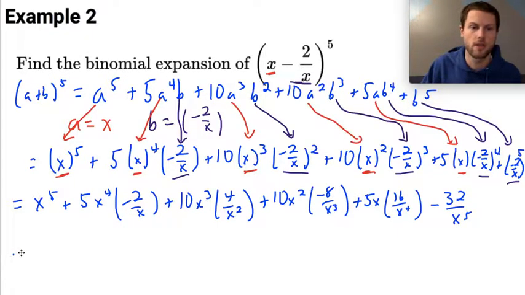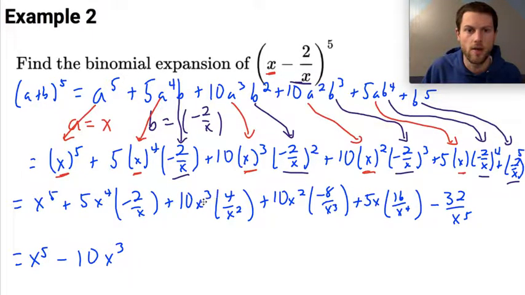Last step. Let's clean this up one more time. x to the fifth plus, I multiply these two things together, and I'll get a negative 10. So actually, let's make that x to the fifth minus 10. And then this is going to be x to the fourth over x, so this is x cubed. And then next I'll have plus 10 times 4, which is 40, and this is x cubed over x squared, so that's just going to be an x.